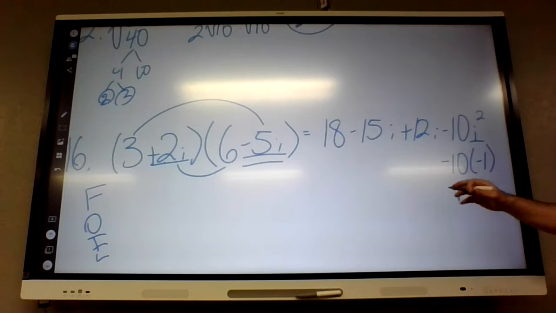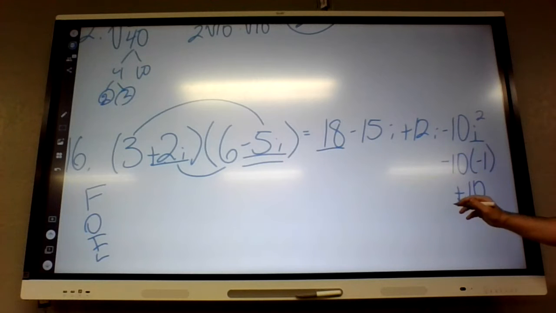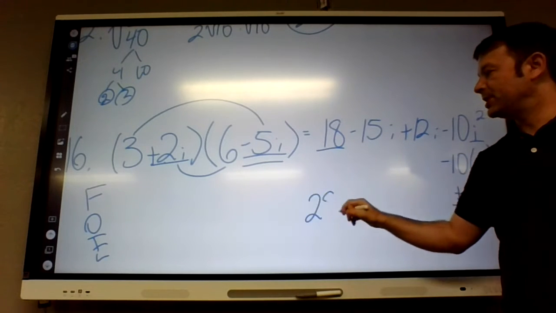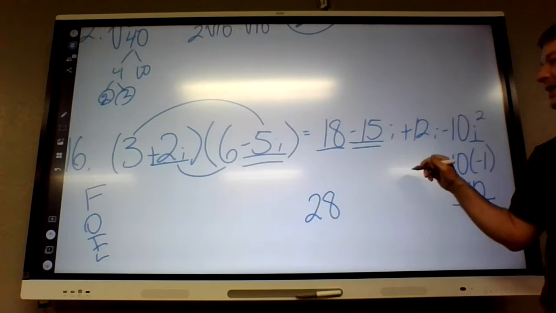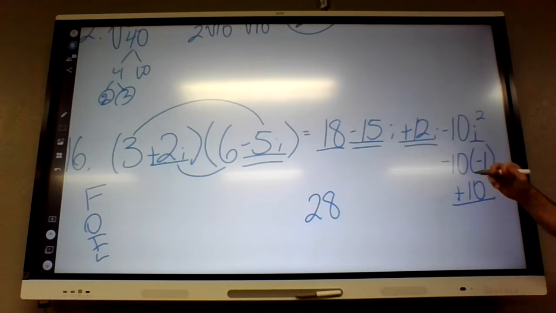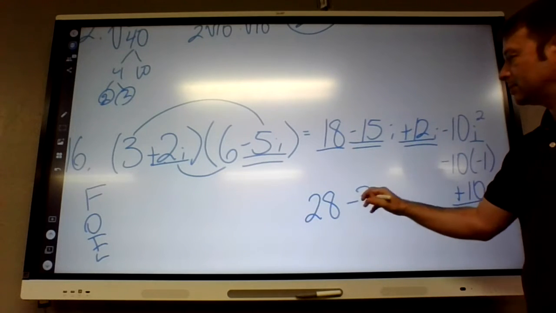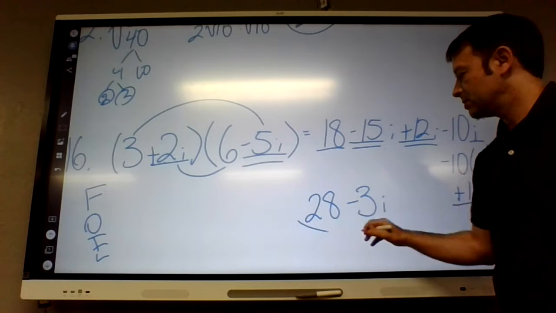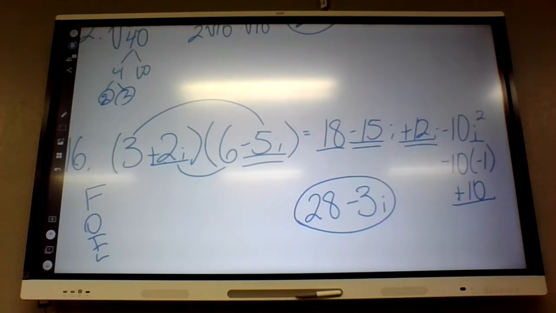So we have 18 plus 10 is 28, plus we have negative 15i plus 12i, negative 3i. So 28 minus 3i.